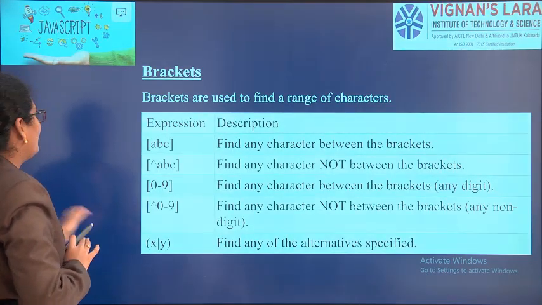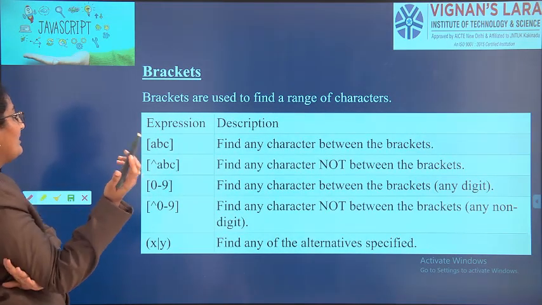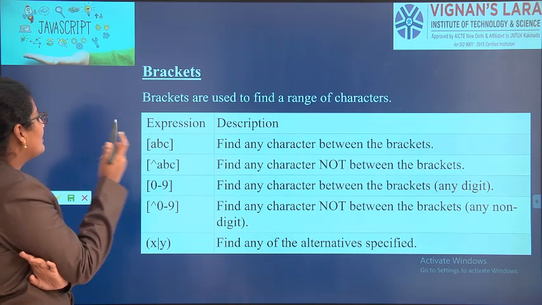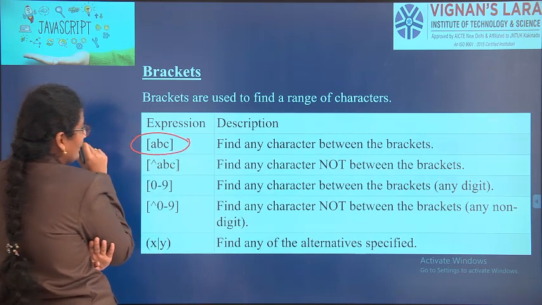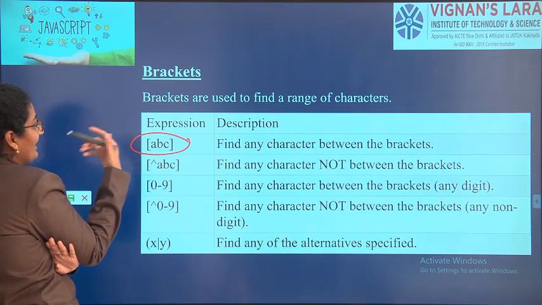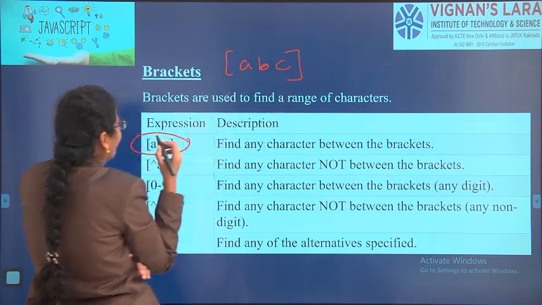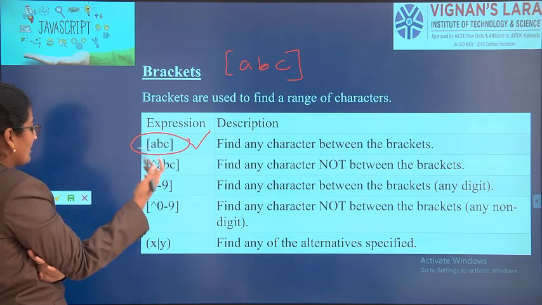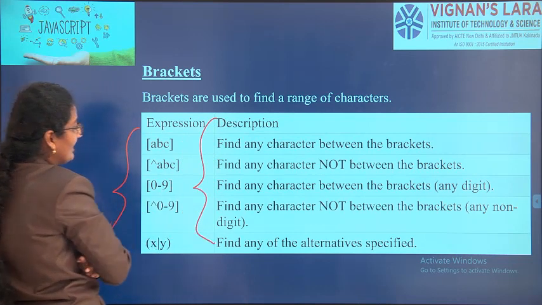Now let us see the meaning of different expressions. First I am starting with brackets. Within the brackets, if you have taken abc like this, it means find any character between the brackets.